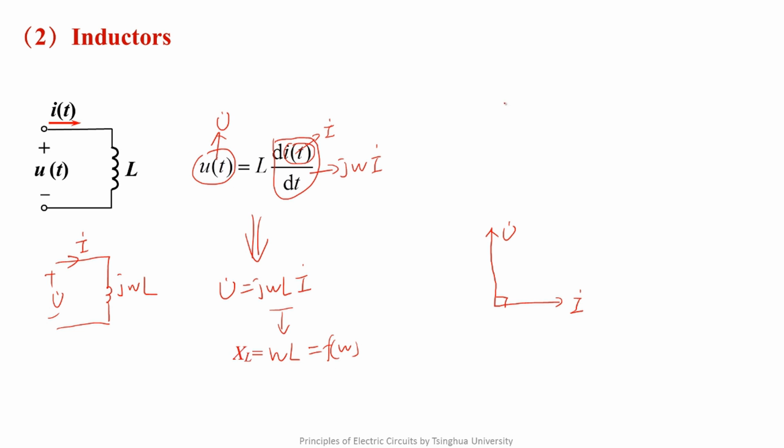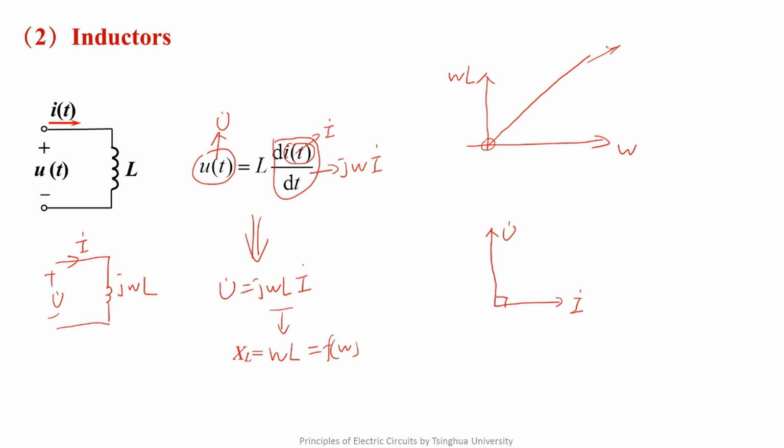We can draw the characteristic curve here. Inductive reactance increases linearly with the increase of angular frequency, which means when the frequency is 0, an inductor is a short circuit in sinusoidal steady state, and when the frequency tends to be infinite, the inductor reactance tends to be infinite.